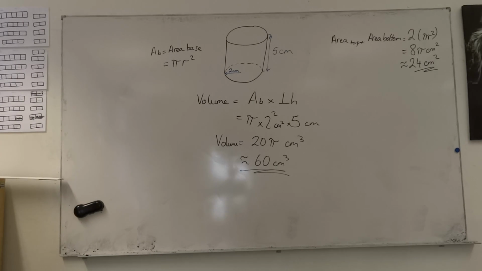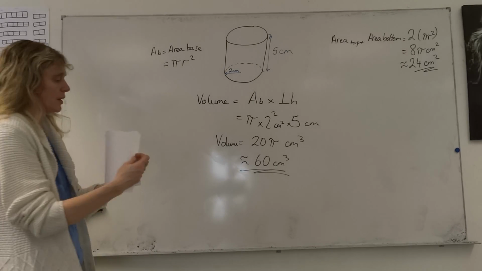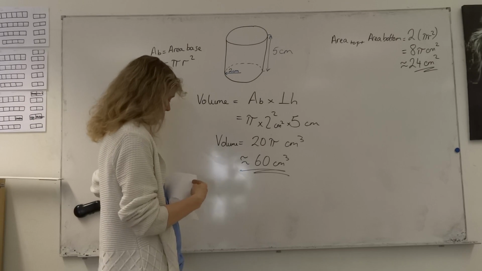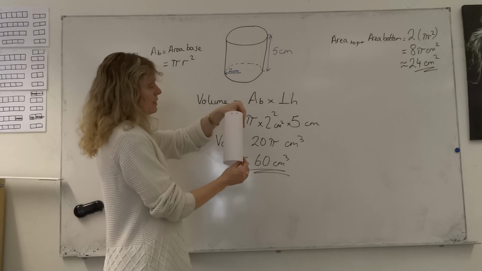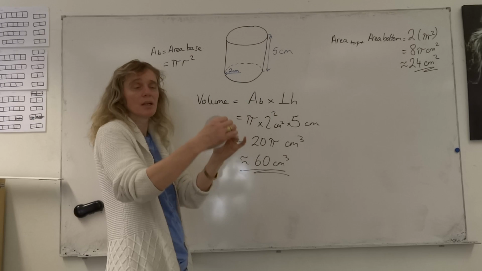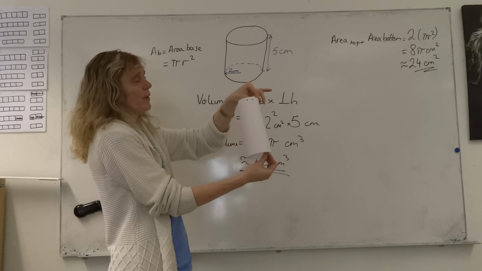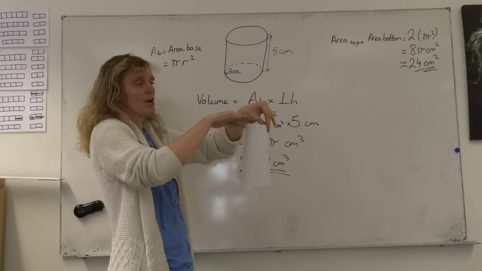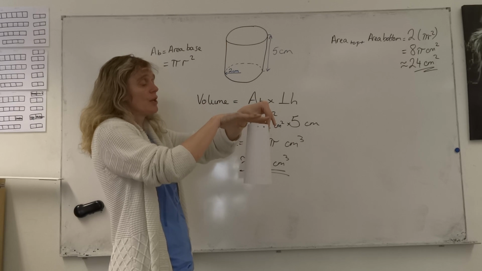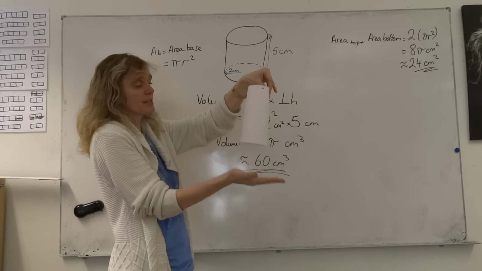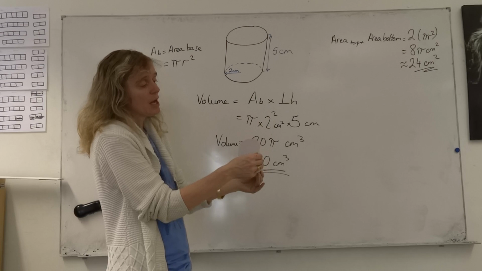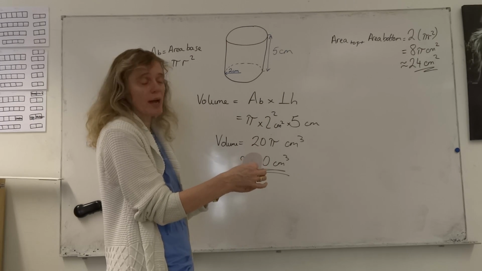So what we have to do is imagine that here is our cylinder. We take a piece of paper like this. We can see the cylinder. We've just calculated the area of the top of the cylinder and the area of the bottom of the cylinder, using the radius, by just calculating pi r squared as normal.